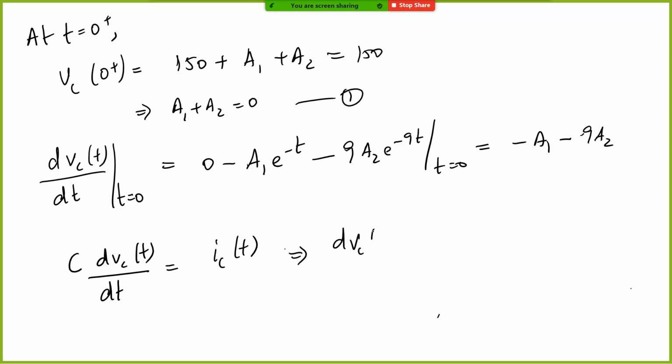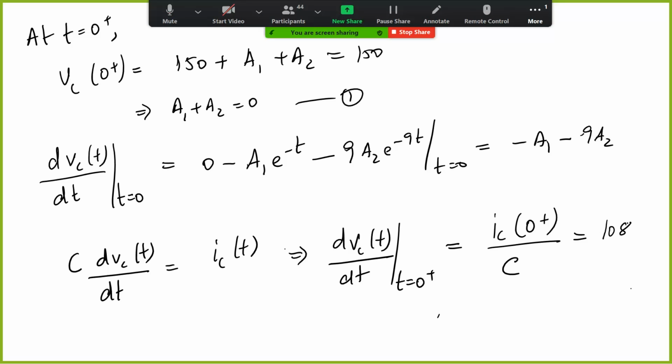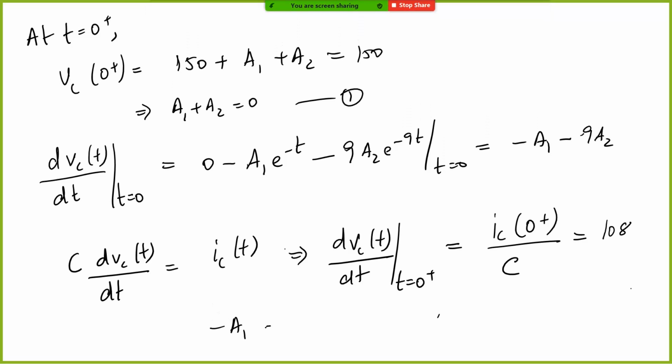So dVc of t by dt evaluated at t equal to 0 plus is nothing but Ic of 0 plus divided by C. What is this value? 108, it is 108, correct? So our equation now becomes minus a1 minus 9a2 equal to 108. So solve these two equations and we will be able to determine what a1 and a2 are.